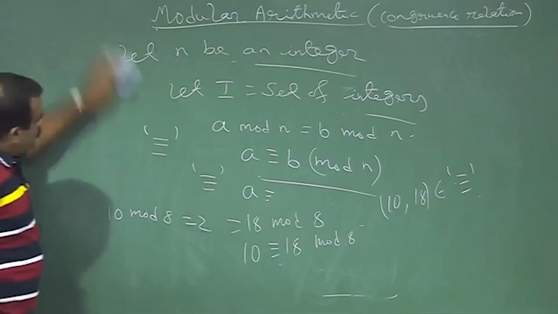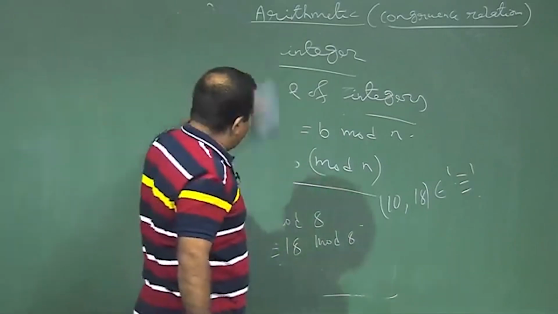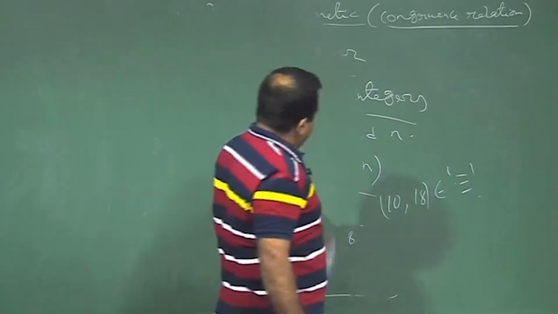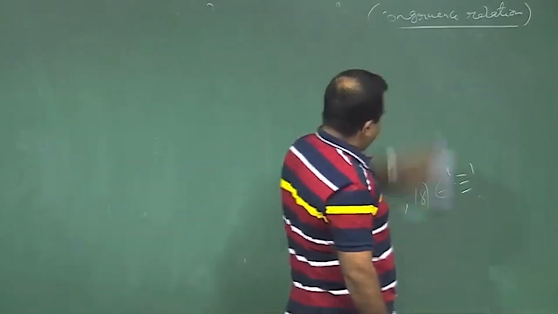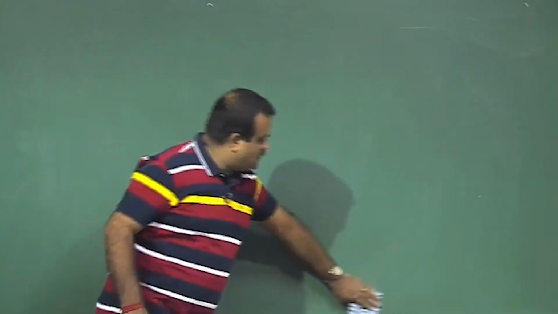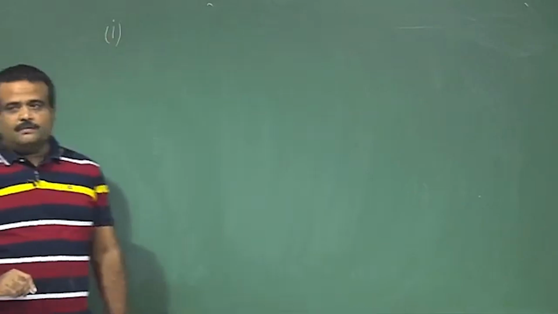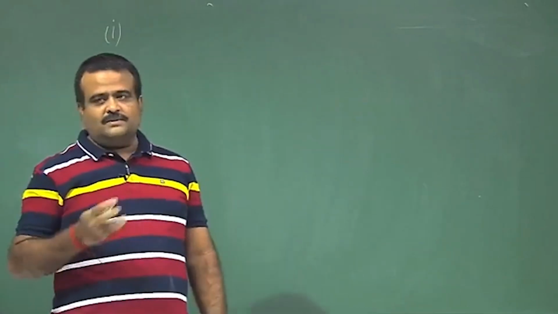Okay. So now we will show that this is an equivalence relation. This relation has some properties: it is reflexive, symmetric, and transitive. So what is the reflexive property of a relation? This congruence relation is an equivalence relation, so for that we need to show three results. It must be reflexive.